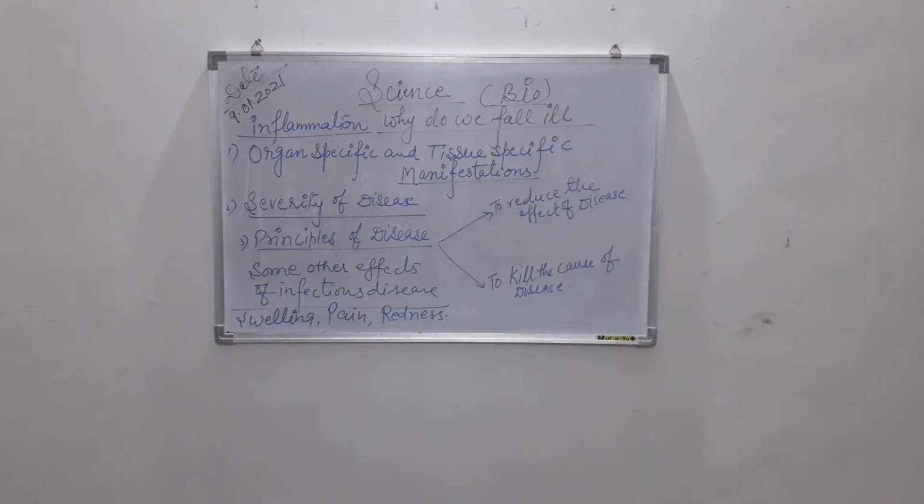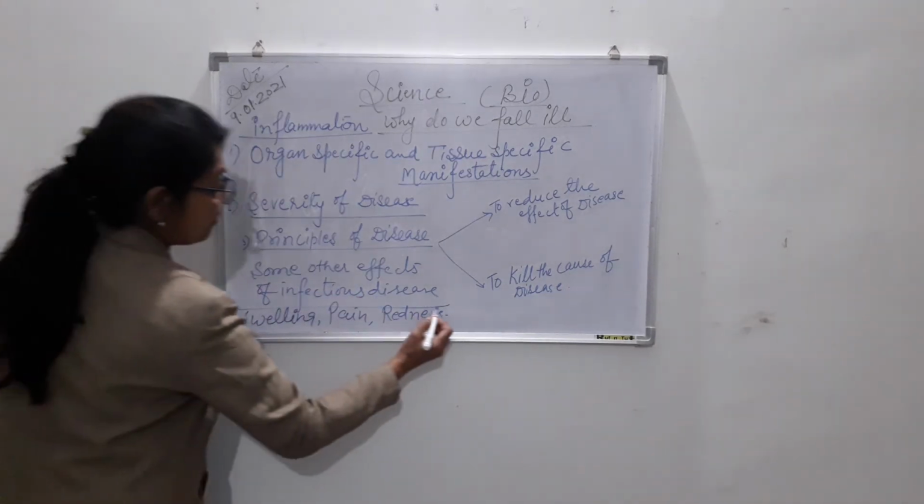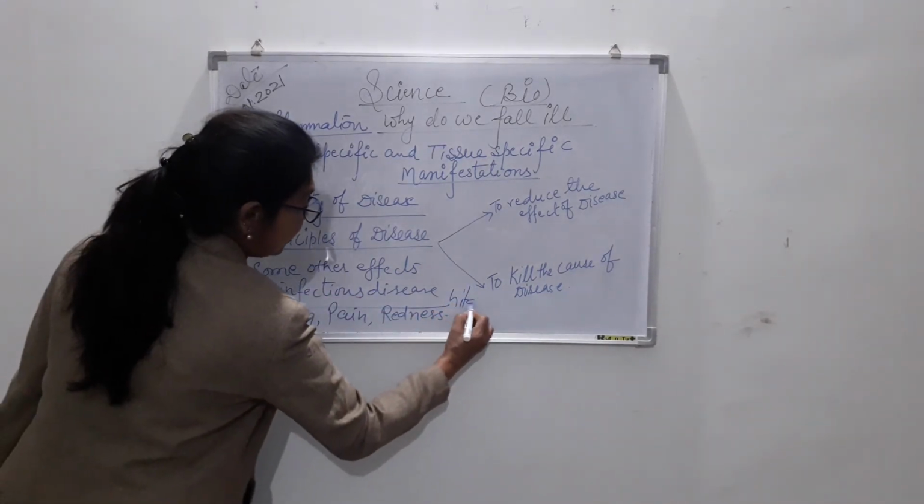Actually, the damaged cells release something. Why does this happen, children? What is the meaning of damaged cells? Means the cells which are destroyed by the pathogen. So the damaged cells release histamine that causes inflammation. A substance released by the damaged cell is called what?